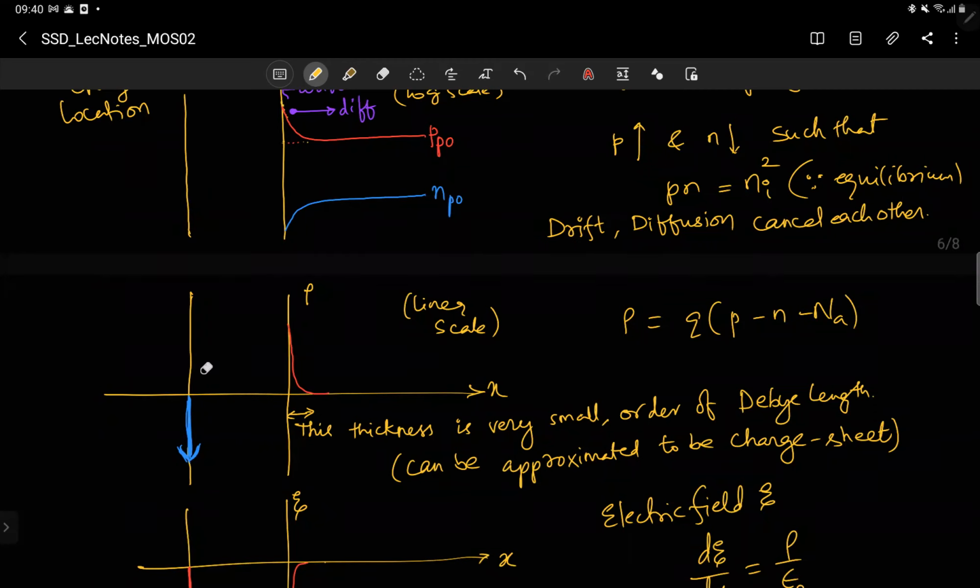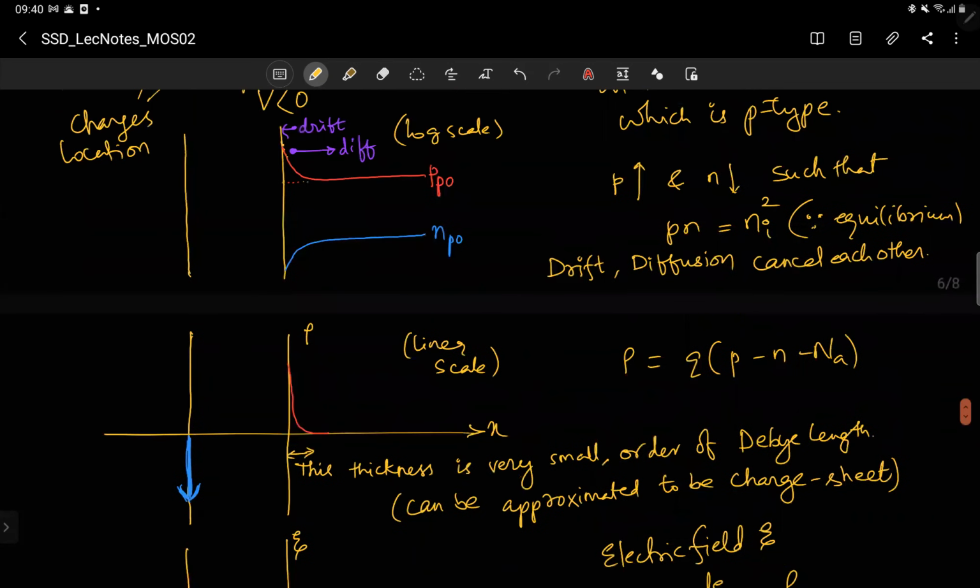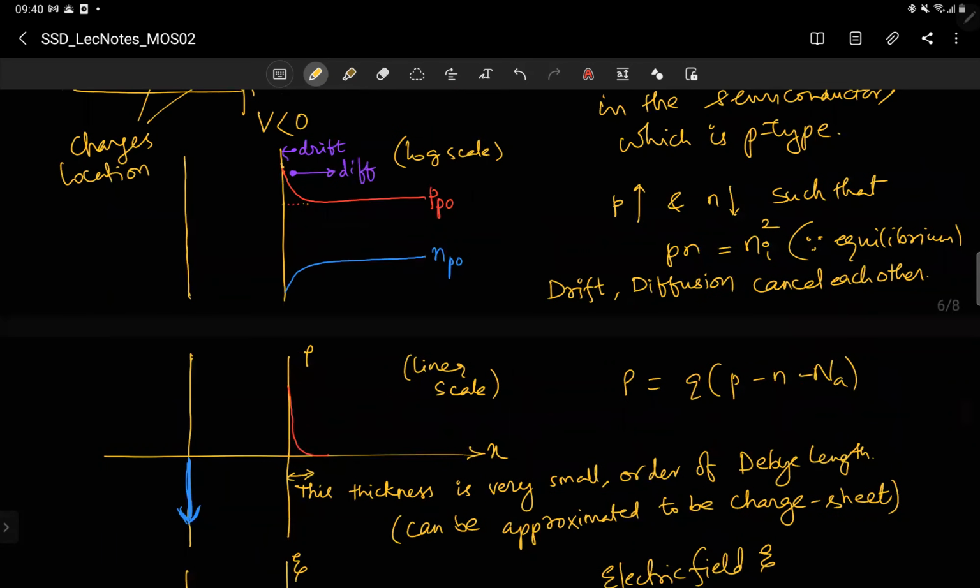On the metal side, you should have a negative charge. I am showing it as an impulse function because it is really very thin. Even in the semiconductor, this region will be very small, of the order of the Debye length. Not just the Debye length, though. When you put the Debye length, you will have a doping value in the expression, epsilon Vt by q N, square root.